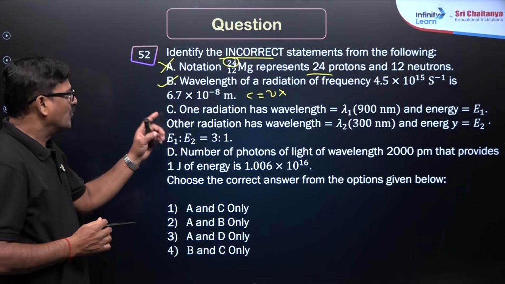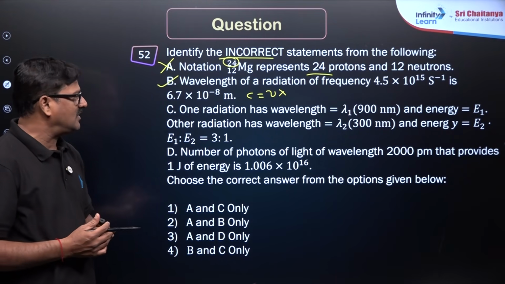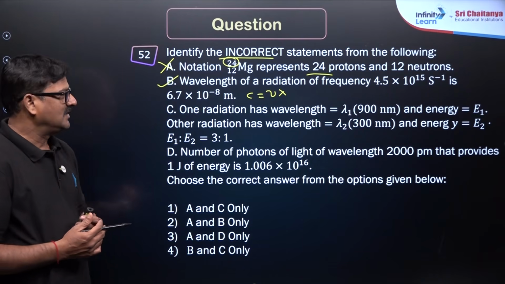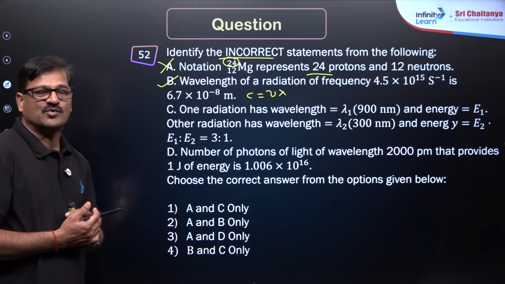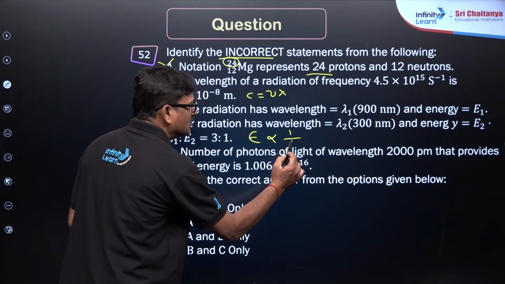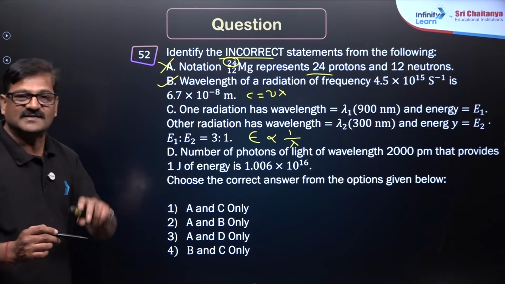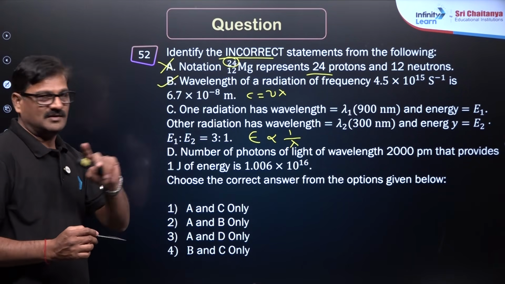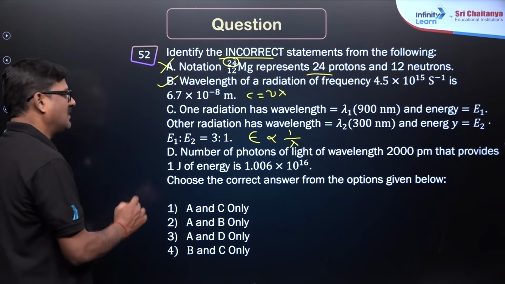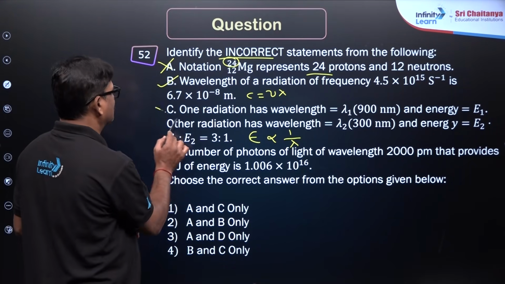When it comes to one radiation with lambda 1 of 900 nanometers and lambda 2 of 300 nanometers, the ratio of energies is said to be 3:1, but as energy is inversely proportional to lambda, it should be 1:3. So this is not correct.